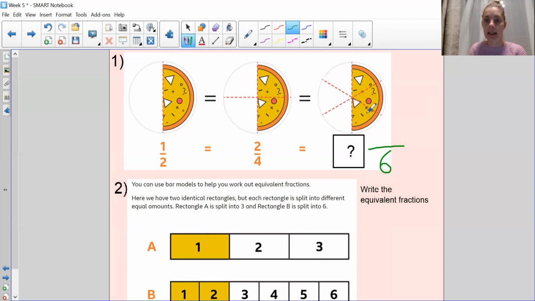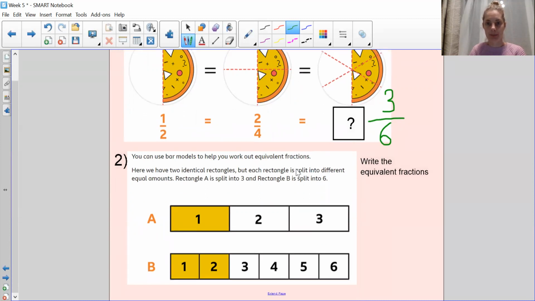Okay, and how many have I eaten? 1, 2, 3, or I've got left over, should I say? 3 6ths. Okay. And therefore, I've got a half is equal to 2/4 is equal to 3/6 because I've eaten the same amount, okay? I've eaten the exact same amount, right? So there's no difference.